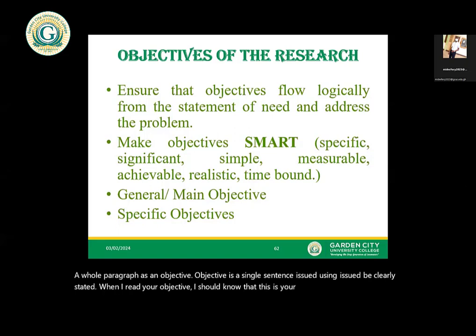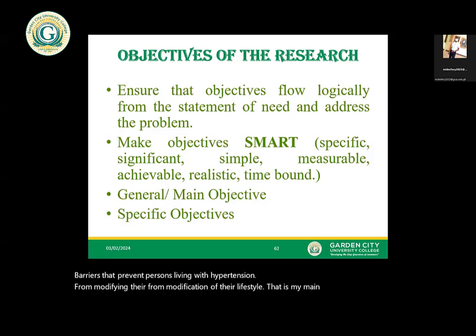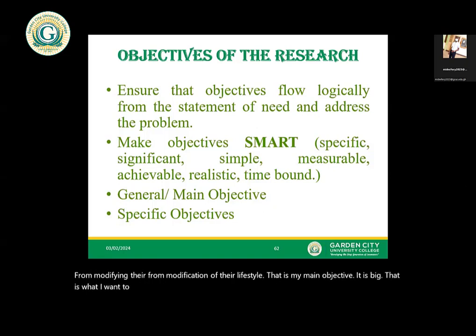Main objective: to determine barriers that prevent persons living with hypertension from modification of their lifestyle. That is my main objective. It is big. That is what I want to do. But I cannot carry this cross to the field.